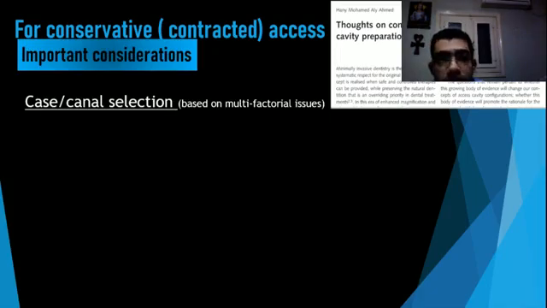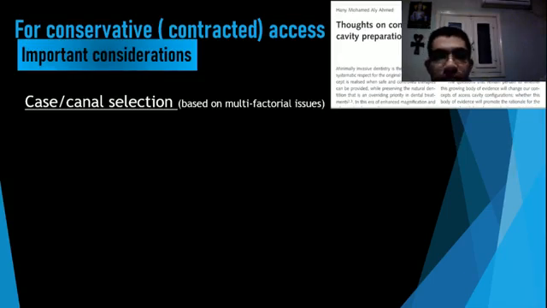We can say that the conservative or contracted access cavity can't be done in every case. It's case dependent. You can't do a truss access cavity for every lower molar. You can't do a conservative access cavity for every case.